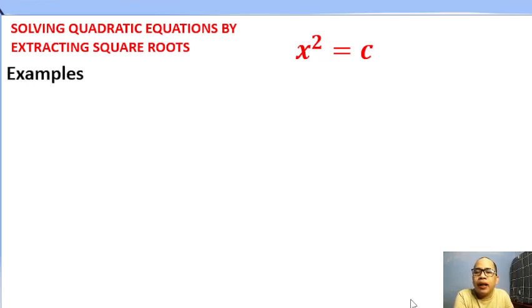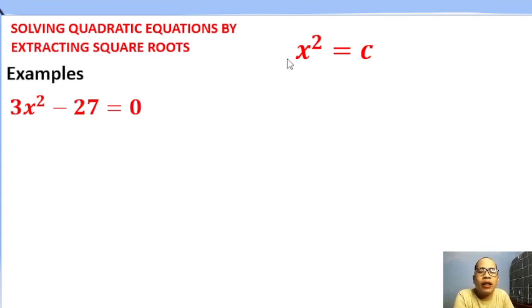Next, another example. What if the value of our a here is not equal to 1? So, it has a value. Our quadratic term has a numerical coefficient. So, what we will do is still make it in this form.